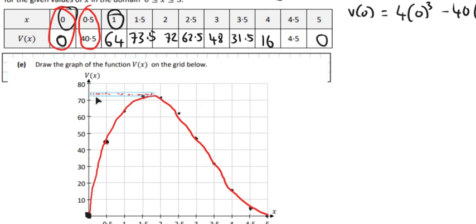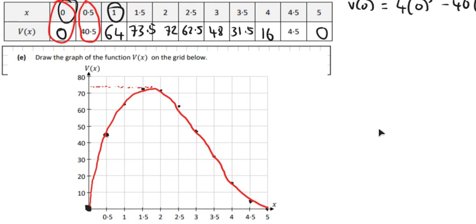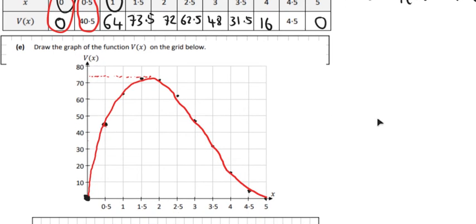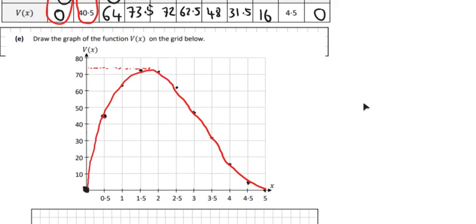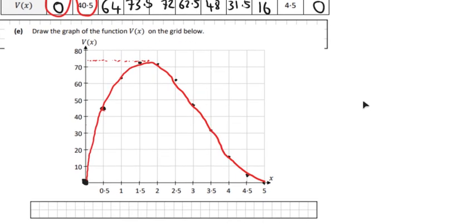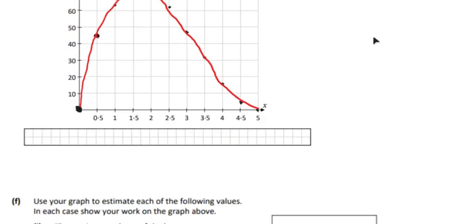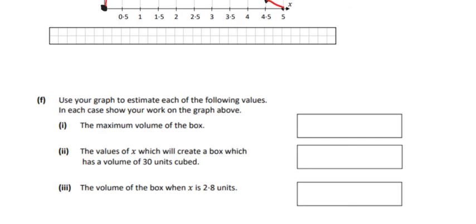It's probably 74, and that's just my graph. So you'll be allowed, if you had 73, 72, 75, something around there, you will get the marks. There'll be an in-between that you'll be allowed. So I'll go with 74.